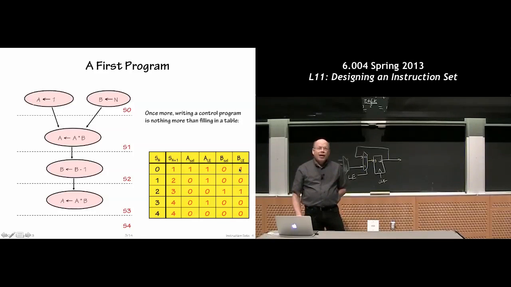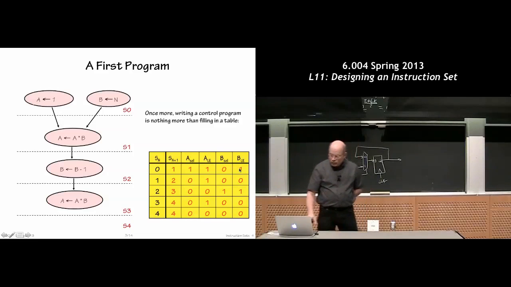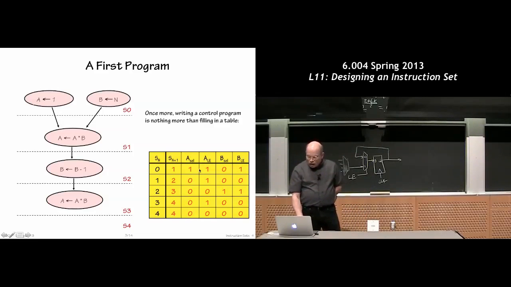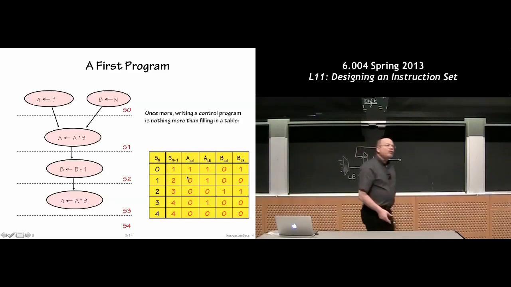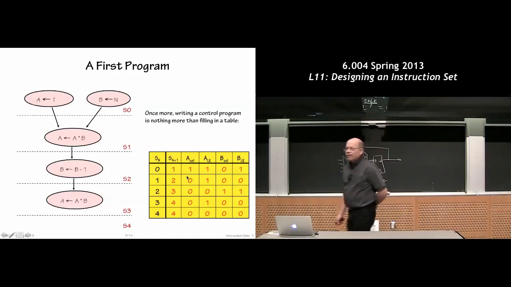And then when the load enable signal for B is 1, we're going to actually load that register. And so you can see how this sequence of operations is translated directly into a particular combination of control signals, which causes the data path to actually execute the specified operations.